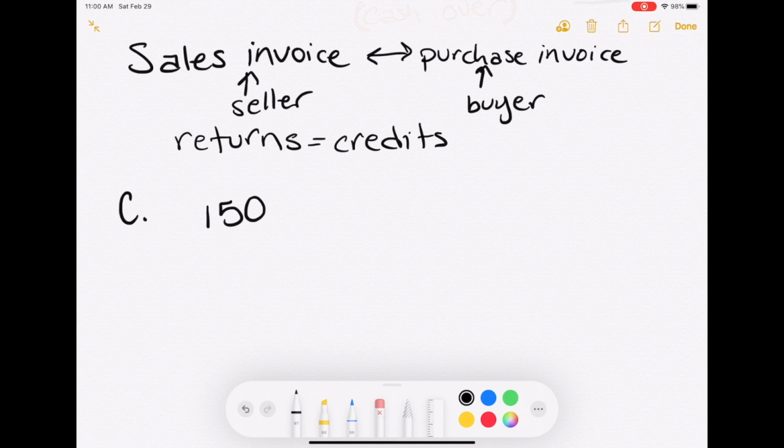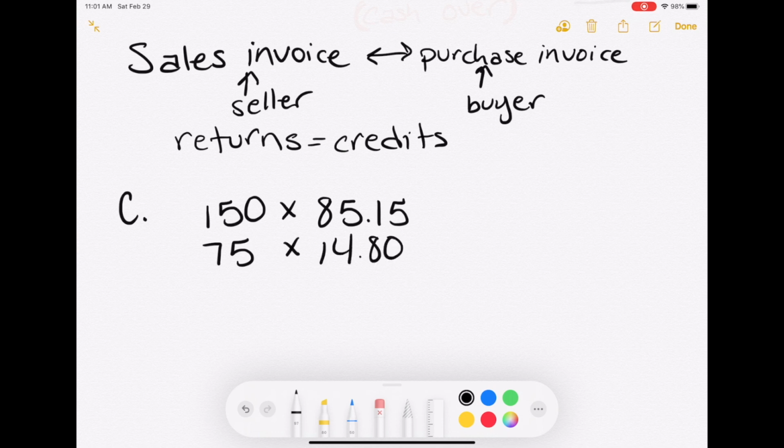at $85.15. So we're going to multiply that. Anytime it has "at," we just go ahead and multiply. And 75 charging kits at, so again, multiply, $14.80. So let's go ahead and extend that out. $12,772.50.